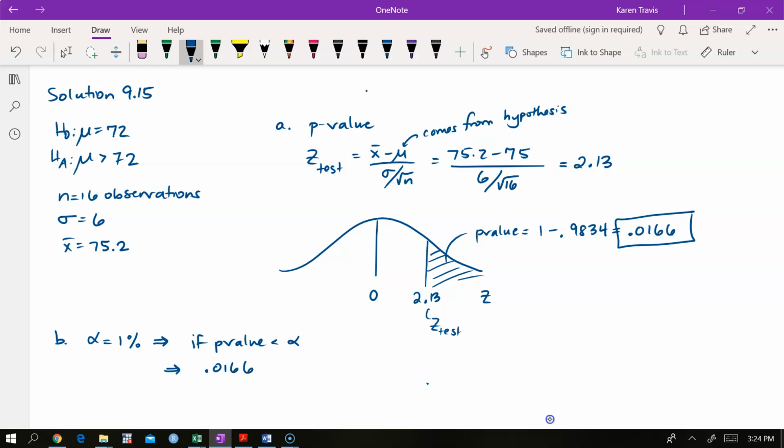Here is our p-value, 0.0166, and that is bigger than 0.01. So we'll reject if the p-value is less, but the p-value turns out to be greater, so we do not reject the null.